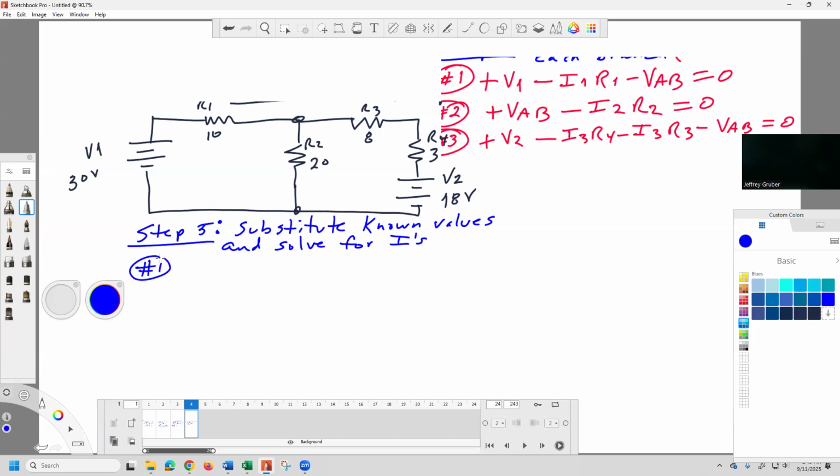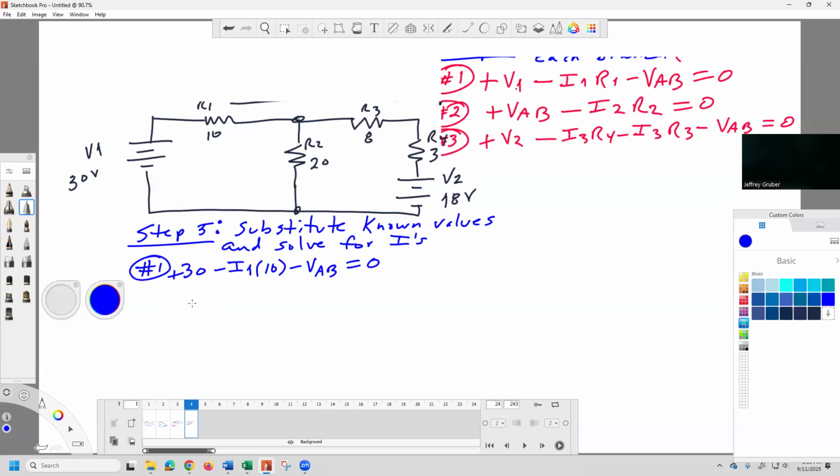What do we know? We know what V1 is. It's 30 volts plus 30. Make sure you put pluses. Minus I1, we don't know what it is. We know what R1 is. It's 10. Minus VAB, we don't know what VAB is, equals 0. So what are we going to have?